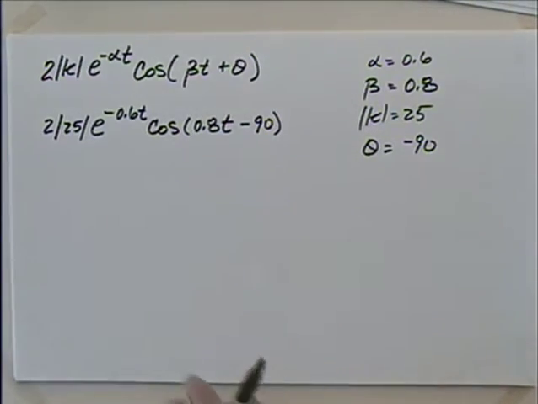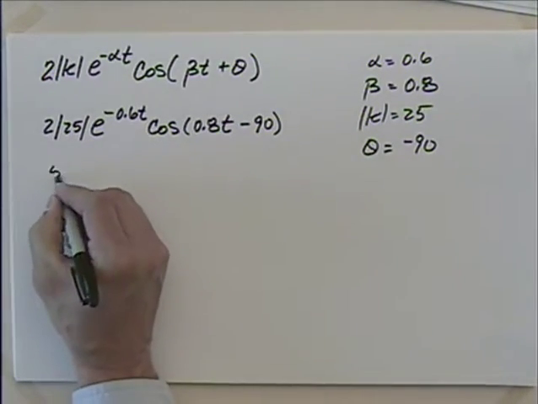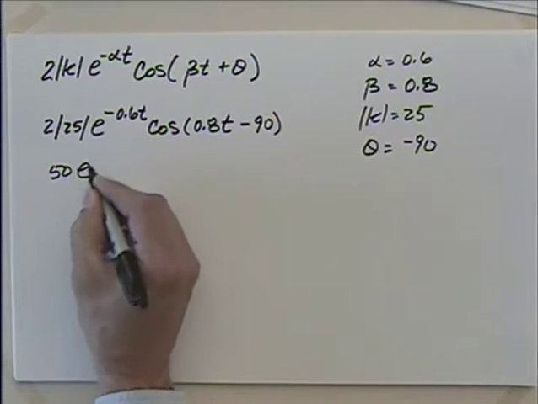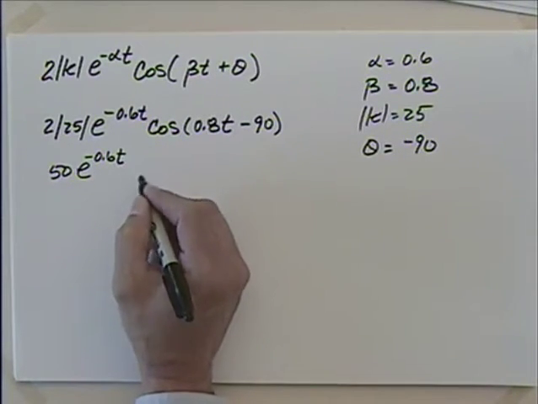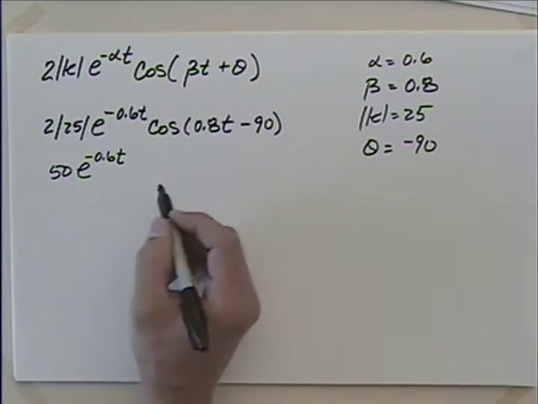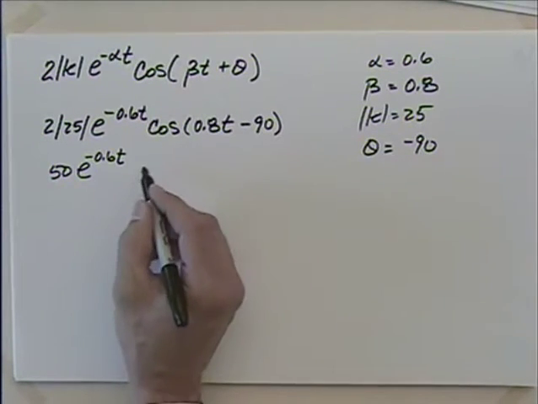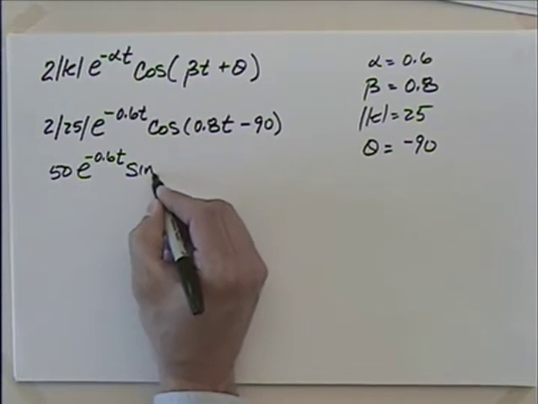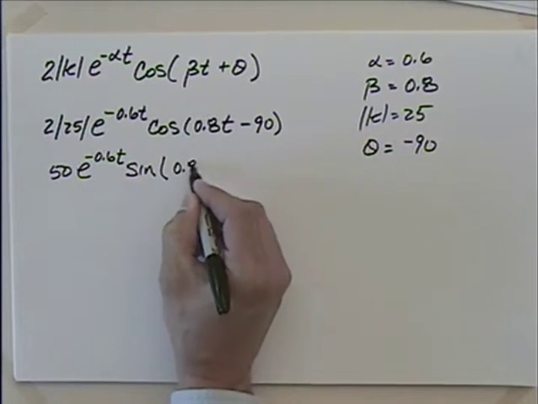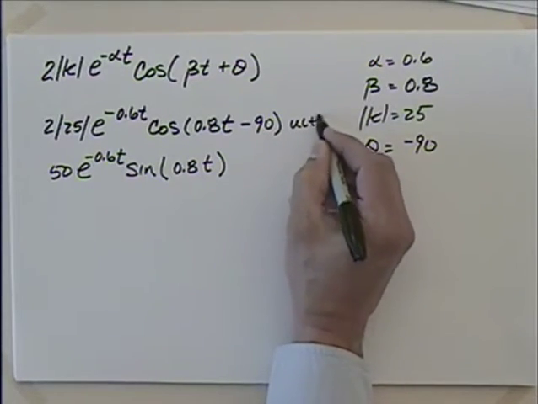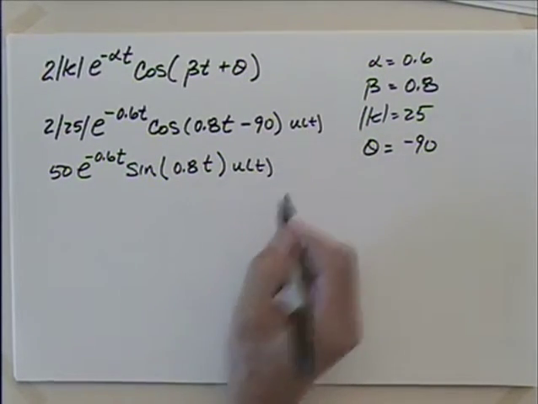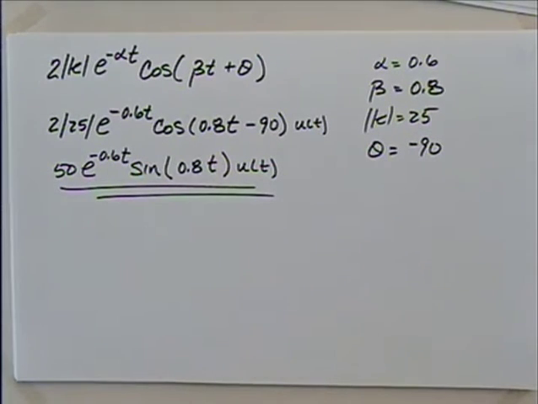So there's our minus 90. So we've got then 50 e to the minus 0.6t. And this cosine at minus 90 is really what? Sine 0.8t. I should add a u of t there. So that would actually be our answer.